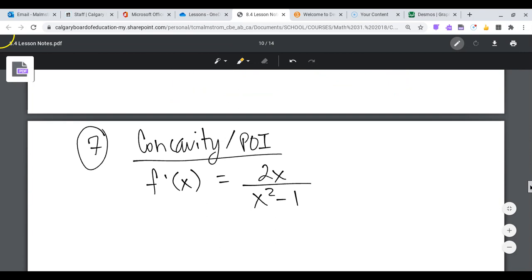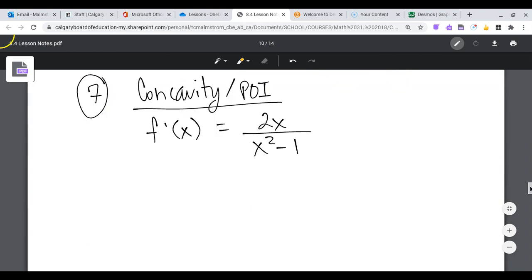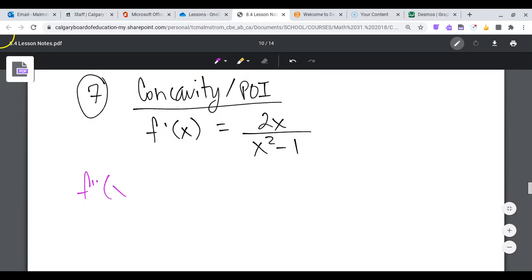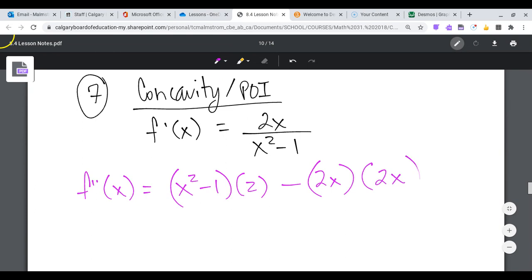You could bring your x squared minus 1 up and do product if that's your preference. Okay, so second derivative, low d high, less high d low, draw a line and down below, squared shall go. There it is.